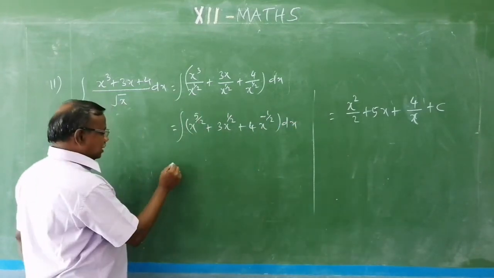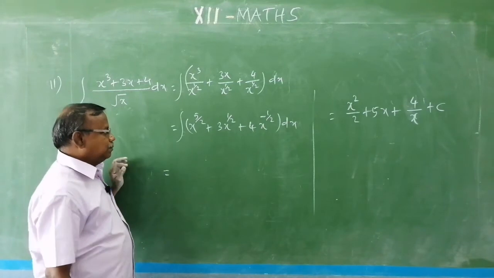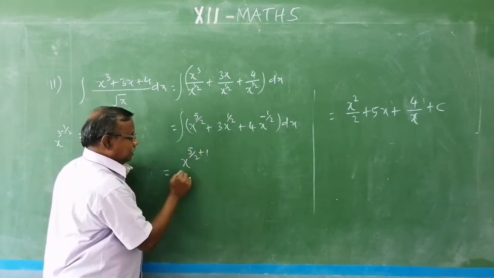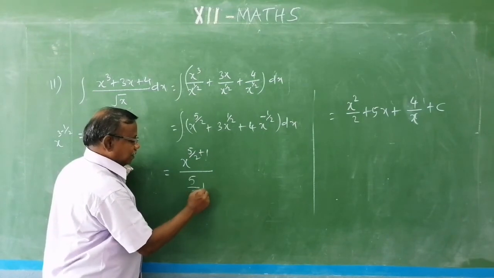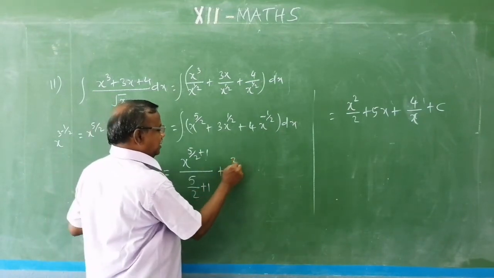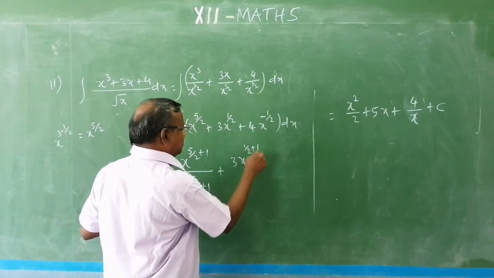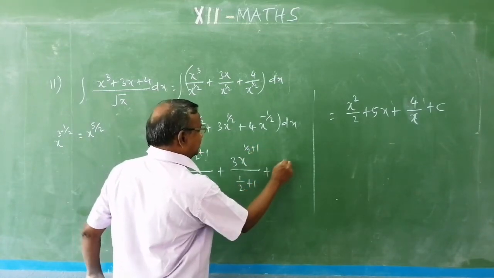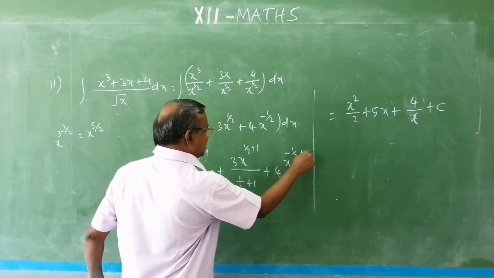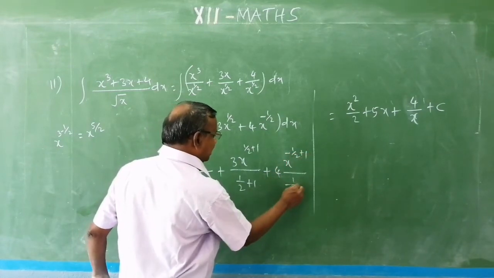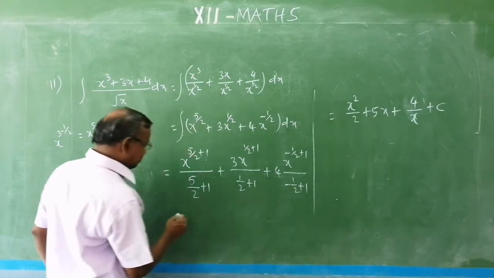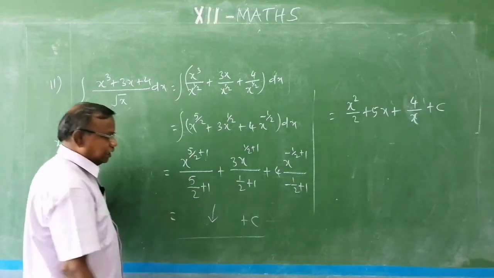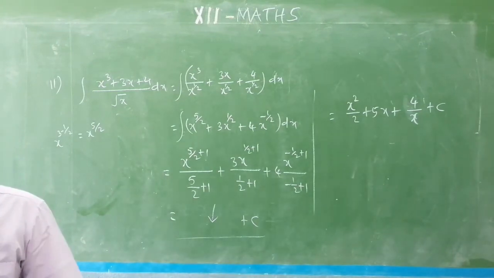Now the power rule, x power n plus 1 divided by n plus 1, plus 3 into x power 1 by 2 plus 1 divided by 1 by 2 plus 1, plus 4 into x power minus 1 by 2 plus 1 divided by minus 1 by 2 plus 1. Simplify this answer and finally put one arbitrary constant plus c. That will be the answer.